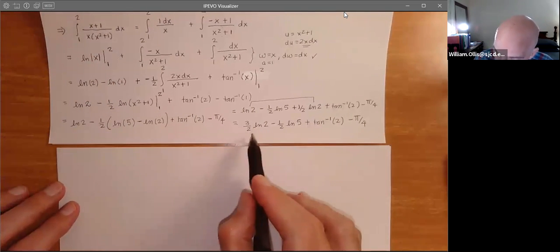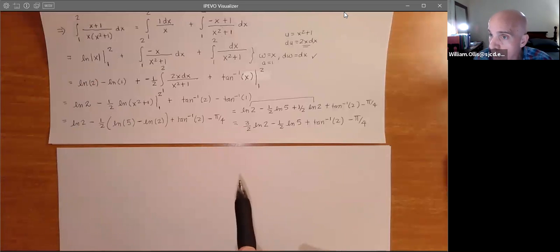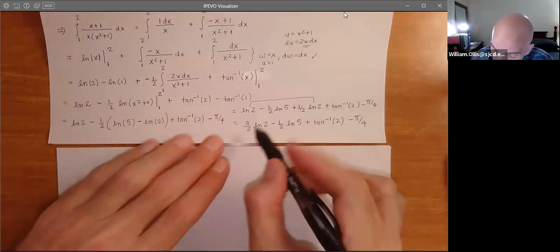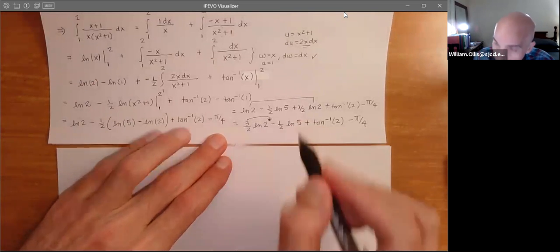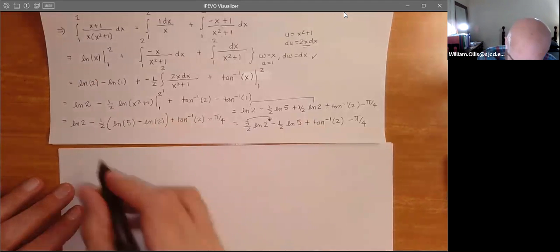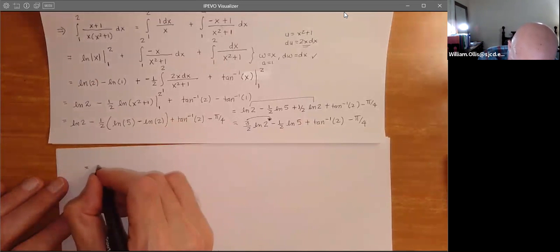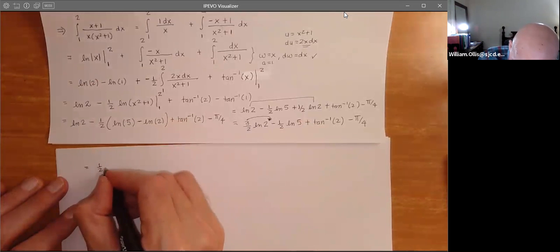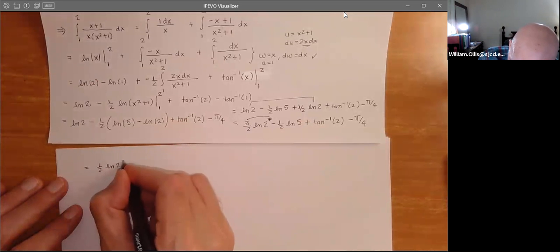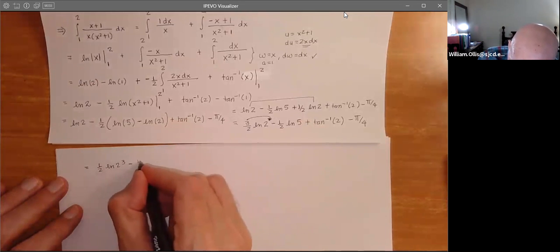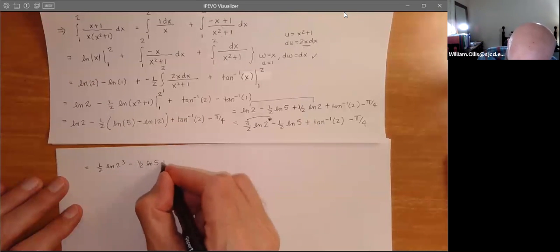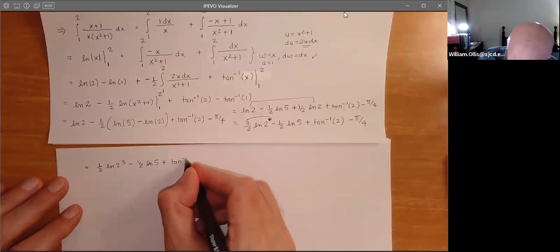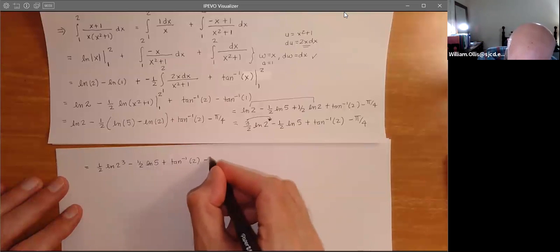So now notice we have the 1/2 here, which is fine as a coefficient if we wanted to use the quotient rule. And so we're just going to move the 3 by the power rule up here as a power of the argument 2. So this will give us 1/2 log of 2 to the third minus 1/2 ln of 5 plus inverse tangent of 2 minus pi over 4.